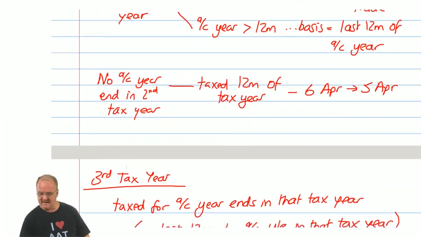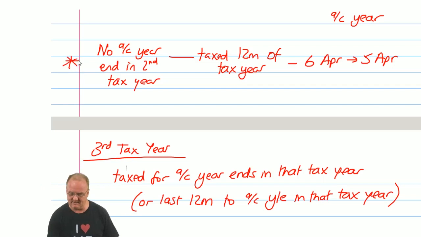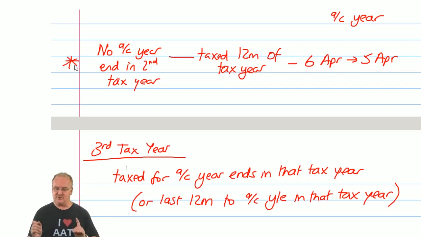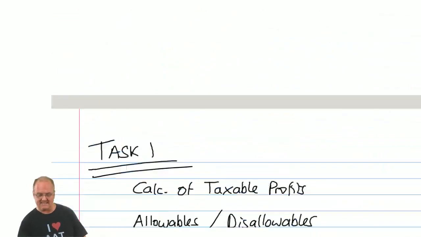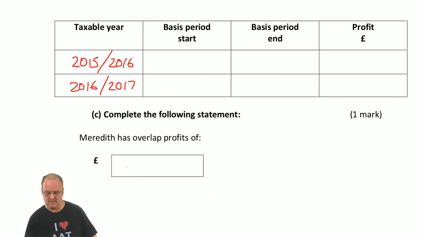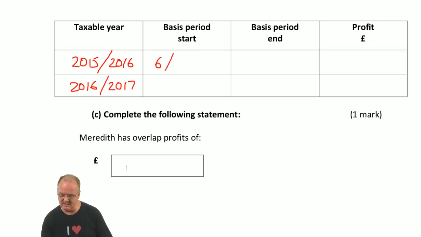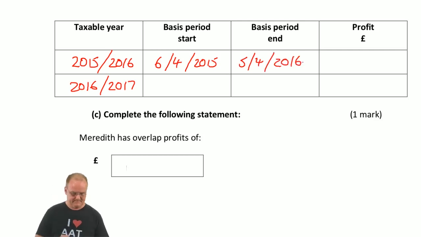So we have to come down here. There is no accounting year ending in that tax year, so she will be taxed from the 6th of April to the 5th of April of that tax year. So 6th of the 4th 2015 to the 5th of April 2016. How much is that going to be?